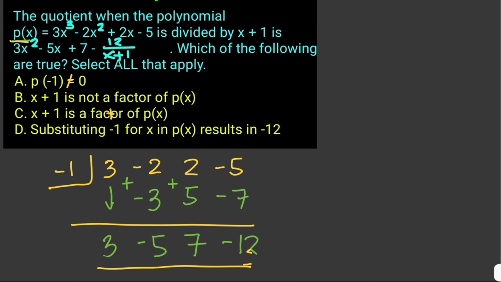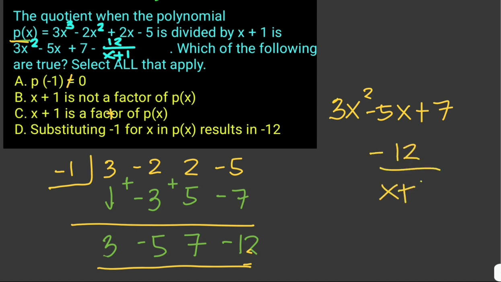So we can write this as 3x squared minus 5x plus 7 minus 12 over x plus 1. By the way, the numbers in the bottom row are the coefficients of the quotient and the remainder. And the remainder here is negative 12.